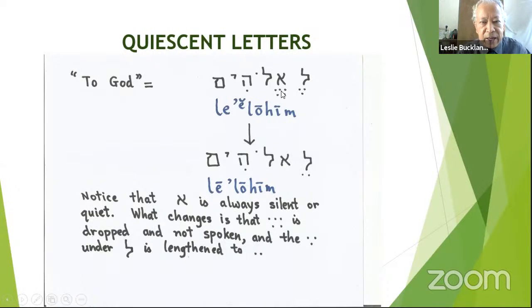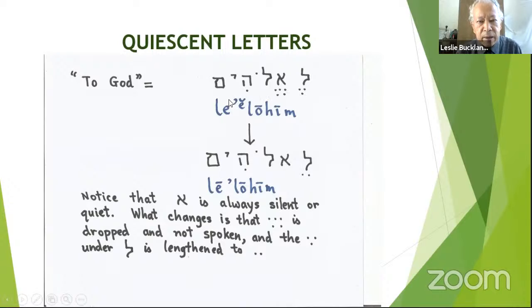You have le Elohim. Before Aleph and before the Katef Segol, the composite Shawa, becomes quiet, before that ever happens, this is what it looks like in theory. So you have the simple Shawa originally, which takes the Segol of the composite Shawa, and it is put over here also.